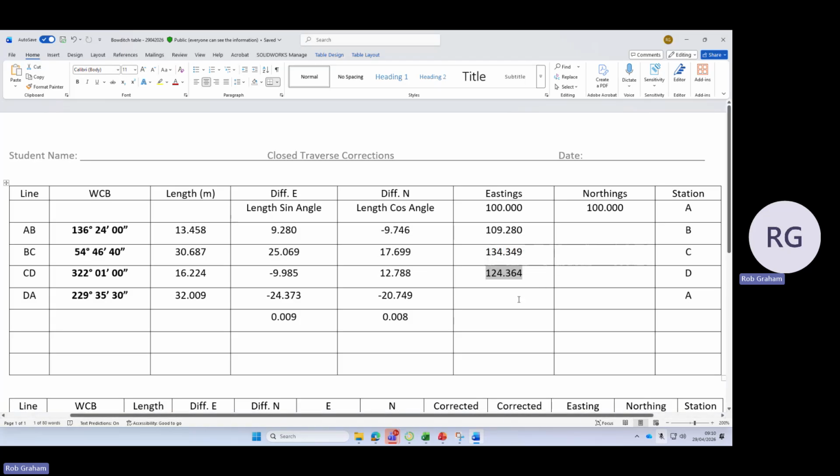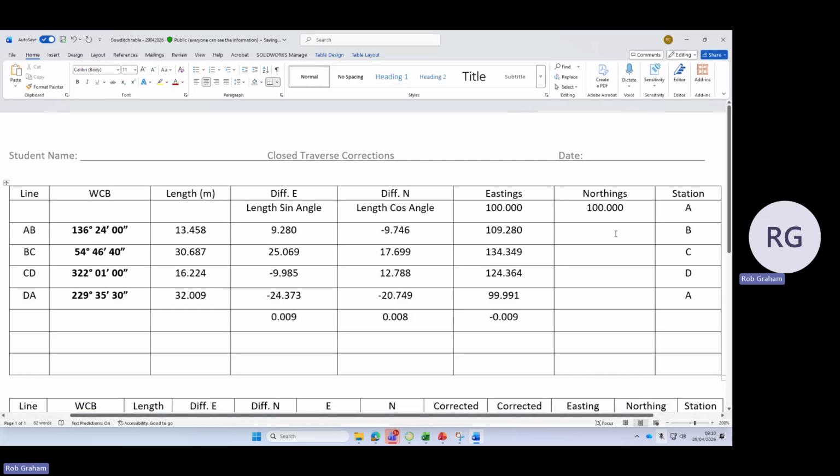And that is basically giving us a figure of 99.991. And we check our linear misclosure. So we check your initial reading and our final reading there, and we can see that it is indeed 0.009, and we are short that amount. So that is how far we are off.